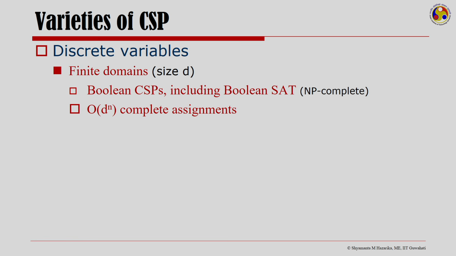Now, depending on the types of variables, we could have varieties of constraint satisfaction problems. The most common of them are the ones with discrete variables. So, they have finite domains. The Boolean CSPs, including the Boolean satisfiability problems, are of this nature.